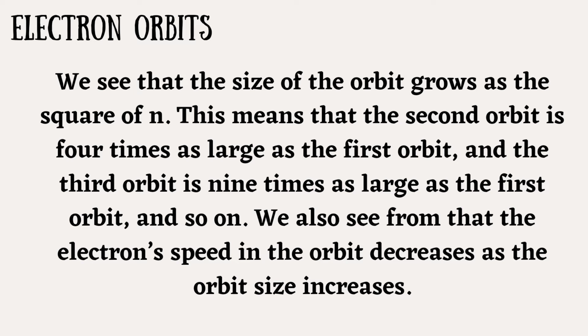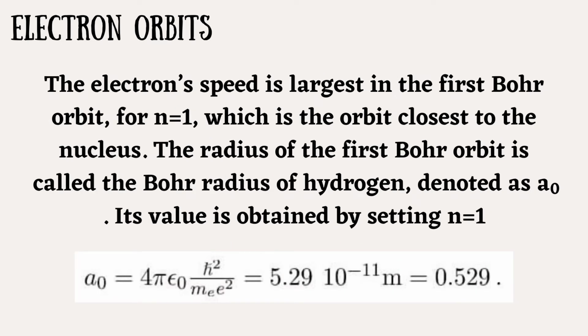This means that the second orbit is 4 times as large as the first orbit, and the third orbit is 9 times as large as the first orbit, and so on. Also, we can see that the electron speed in the orbit decreases as the orbit size increases. The electron speed is the largest in the first Bohr orbit for n equals 1, which is the orbit closest to the nucleus.